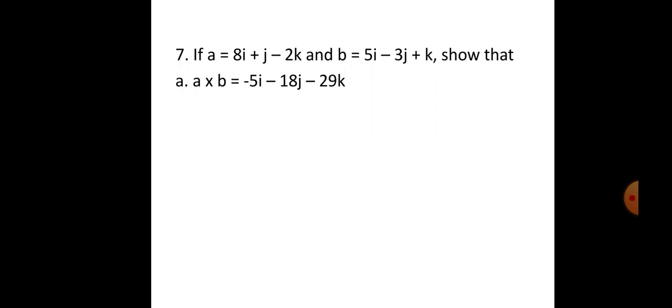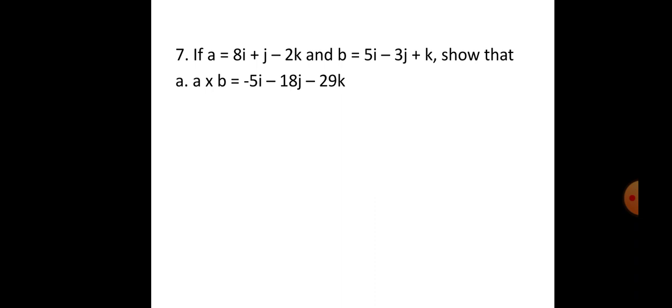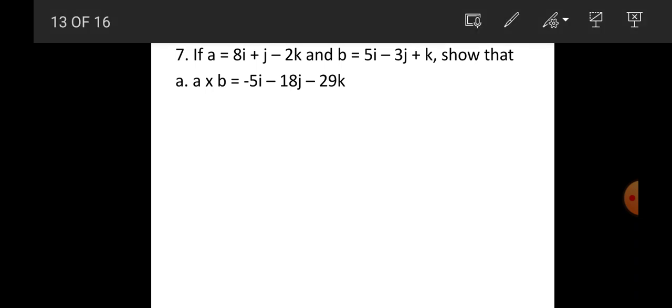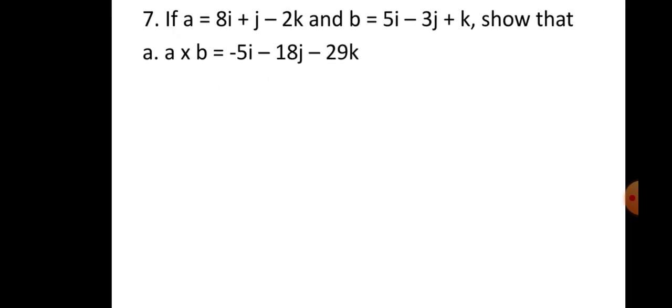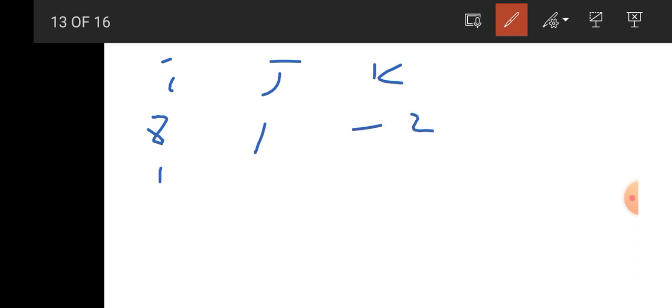So to show that A cross B is like this, we find the cross product: i, j, k, 8, 1, minus 2, 5, minus 3, 1.